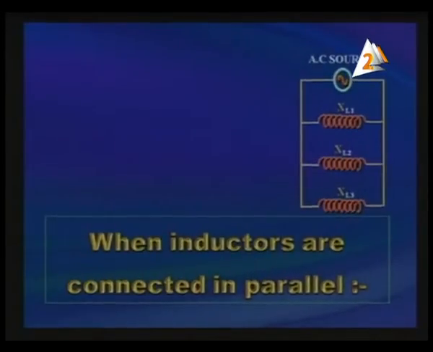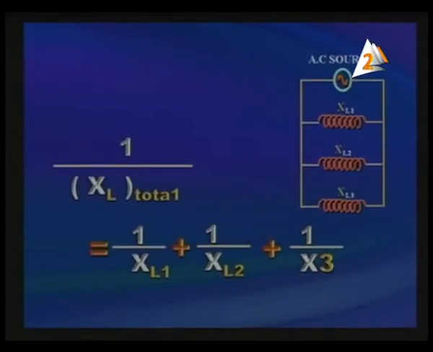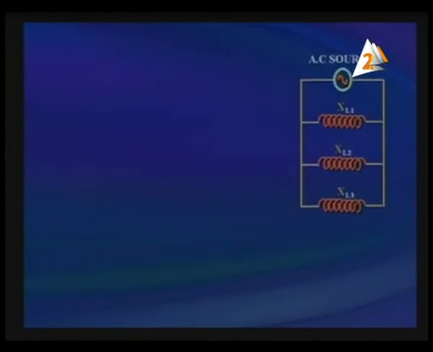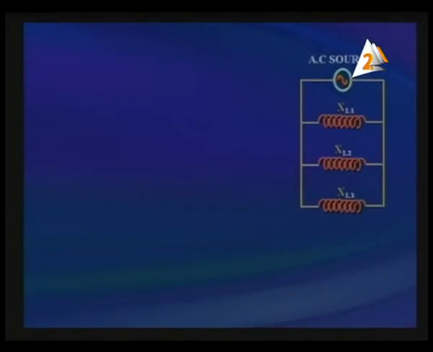And what if they are connected in parallel? 1 over the total reactance equals 1 over XL1 plus 1 over XL2 plus 1 over XL3. And of course, XL total equals XL over N when the inductors have the same value.